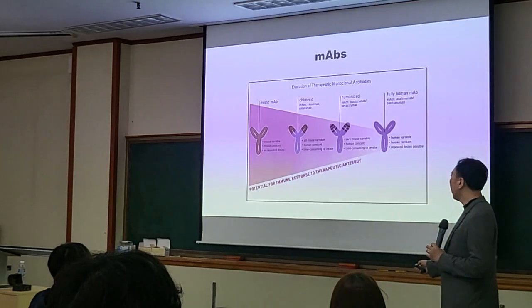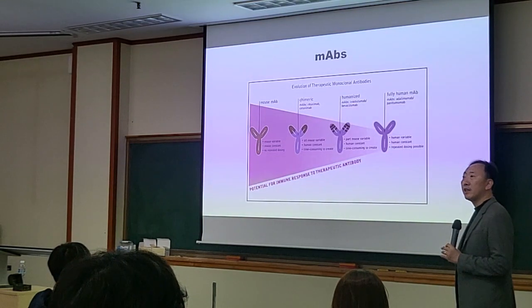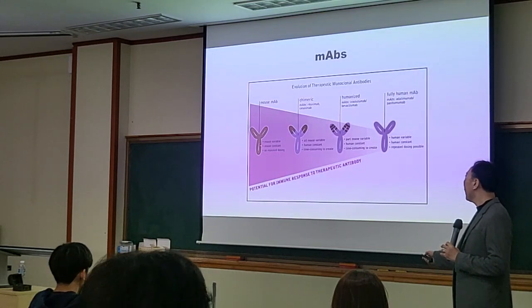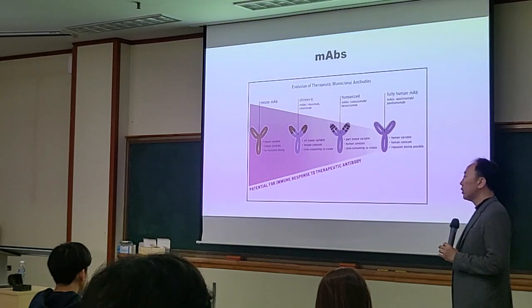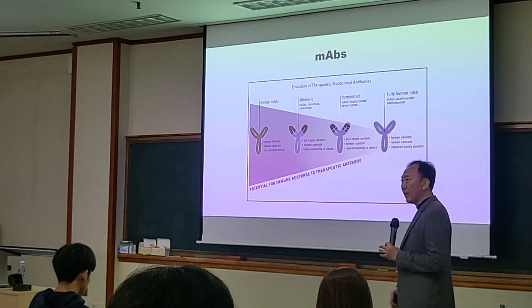Now, if you use this in the human body, the problem is that humans recognize this Fc part as an antigen. The first time it's used, fine, but the second time they respond to this antibody, so we cannot use it twice. That's why we try to make it more human-like.